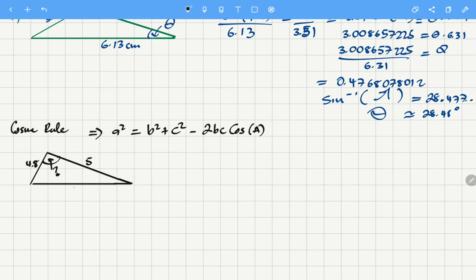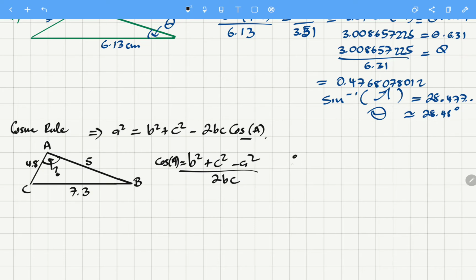This is 5, and this is 7.3. I'll call my triangle A, B, C. I need to find the angle A, so I need to manipulate this formula to have cos A as the subject. So cos A equals b squared plus c squared minus a squared, over 2bc. That's the formula I would use.